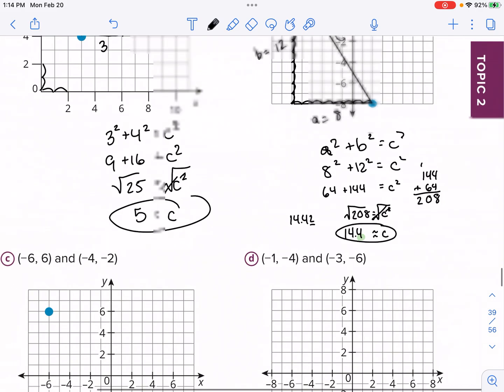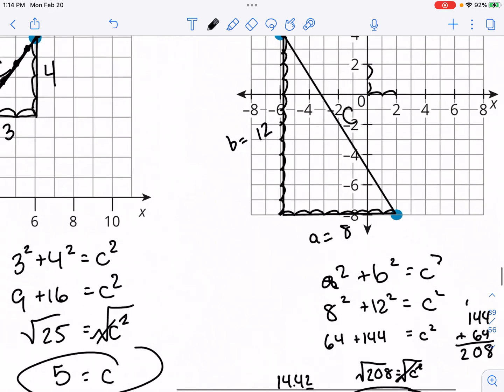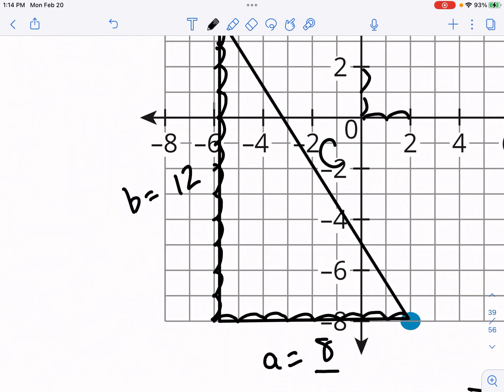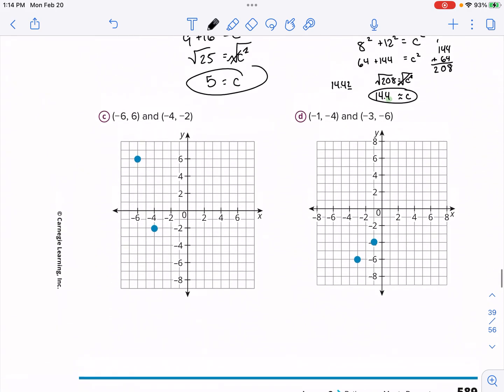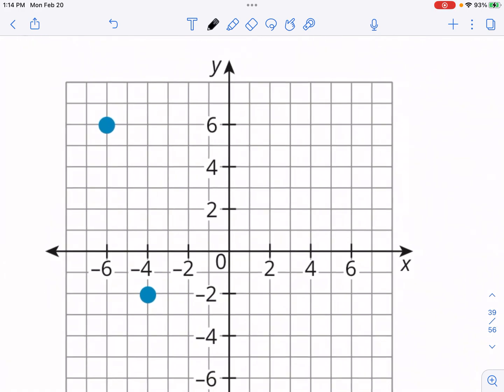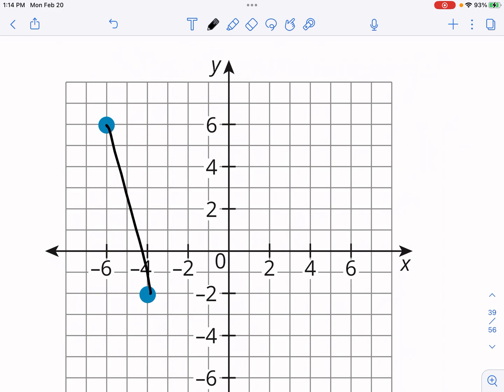Keep in mind the hypotenuse has got to be bigger than each individual number, so it's bigger than 8, bigger than 12. So that's good. Okay, let's do one more, and I'll leave the last one for you to do. Let's do this one here. Actually, I've been drawing vertical lines like that. I'm going to draw it like this.